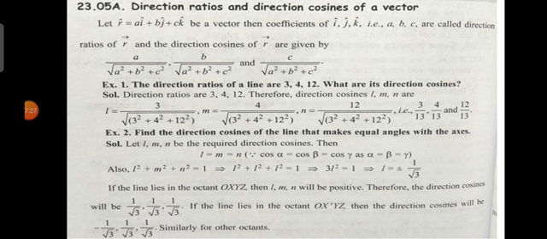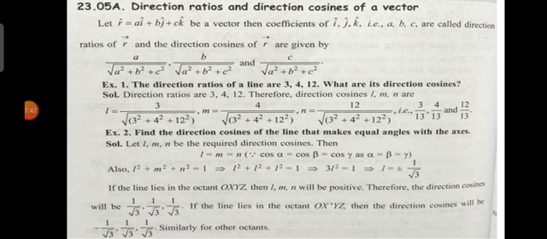So if a vector is given, you can find its direction ratios and direction cosines using these two.